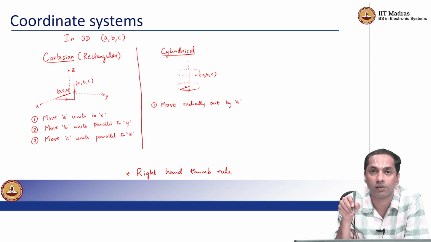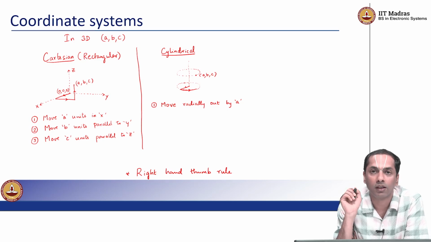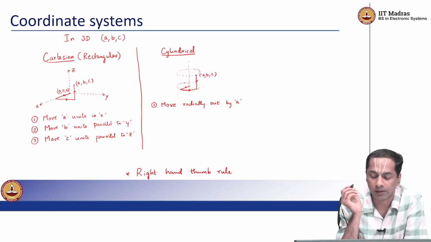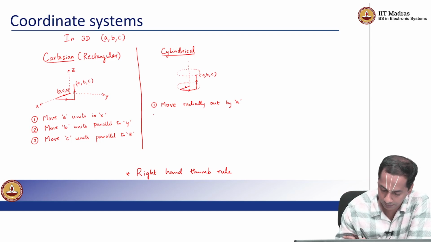So all the points on this arc are equidistant from the origin, right? So I'm following along the circle for B units, and then I'm going up in elevation by C units, right?